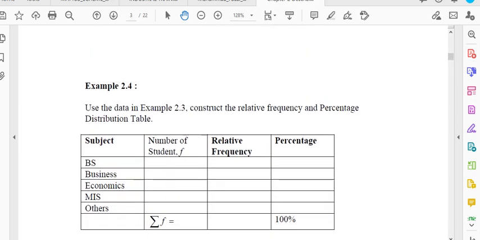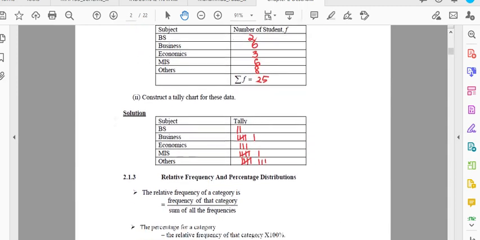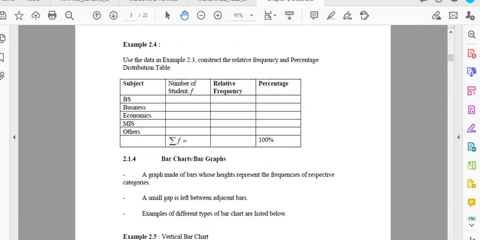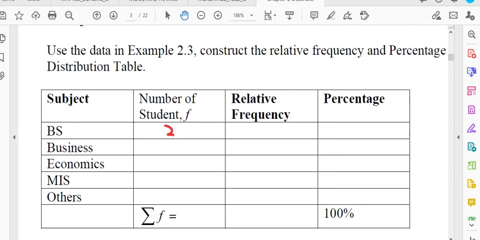Same thing here, I use the same data: 2, 6, 3, 6, 8. So how do you get the relative frequency?